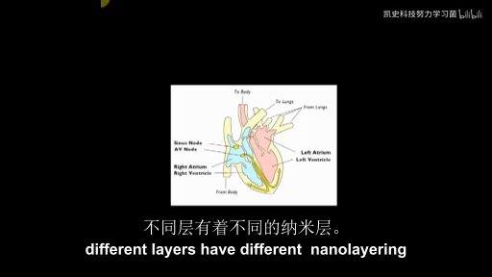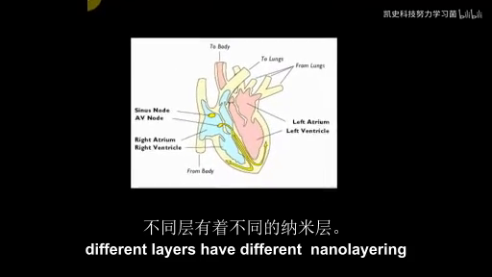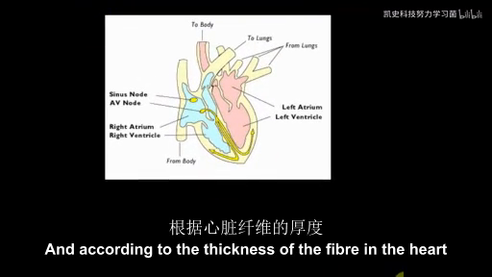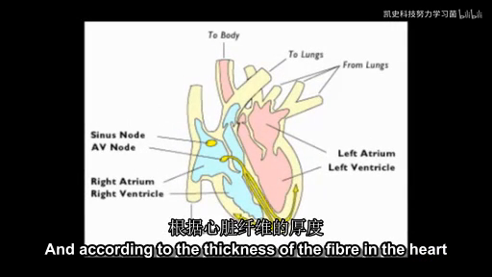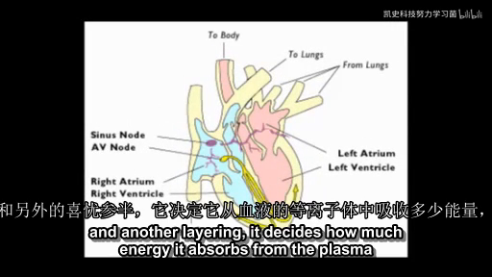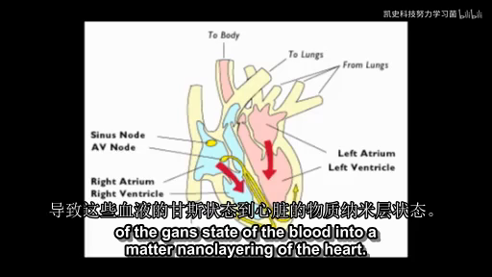Different layers of the heart have different nanolayering, and according to the thickness of the fiber in the heart and the nanolayering, it decides how much energy is absorbed from the plasma of the Gans state of the blood into a matter nanolayering of the heart.